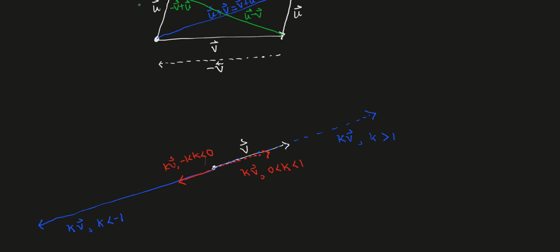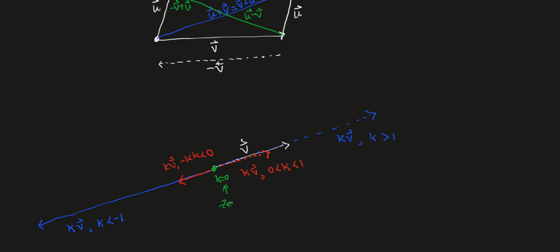Now, what would happen if k is equal to 0? Then you end up with the 0 vector, and the 0 vector has no direction and no magnitude. I shouldn't really say that it's a point, but essentially that's what would happen.